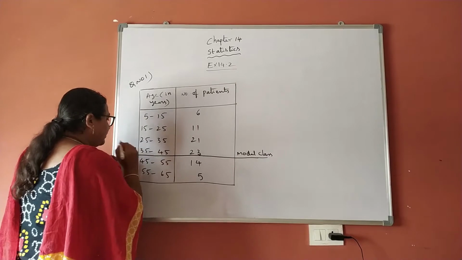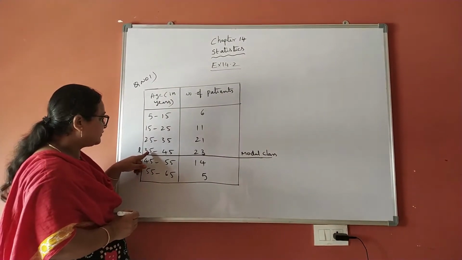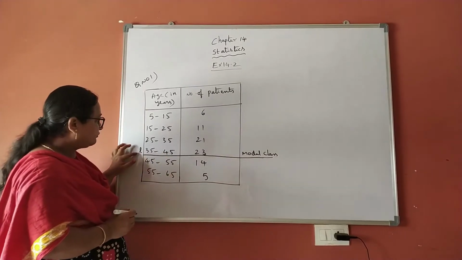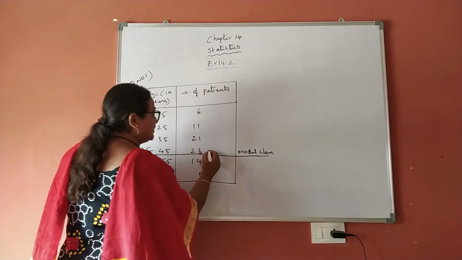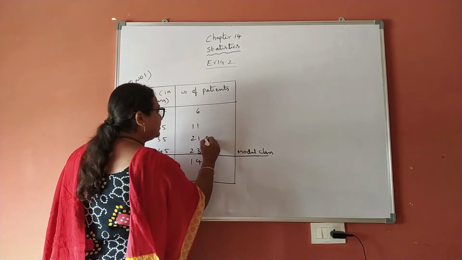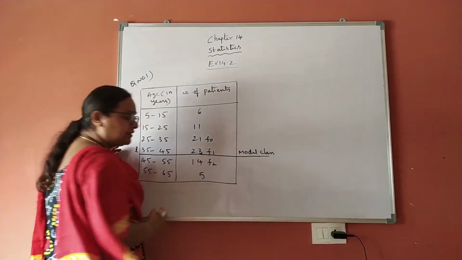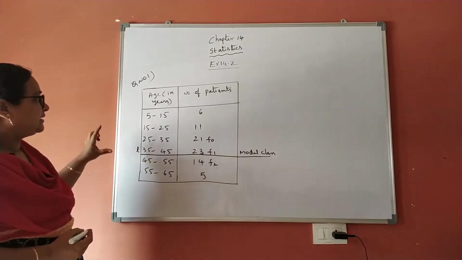L is the lower limit of the modal class. The modal class is 35 to 45. L is the lower limit of the modal class, and F1 is the frequency of the modal class. F0 is the frequency of the class preceding the modal class, F2 is the frequency of the class succeeding the modal class, and H is the class size.